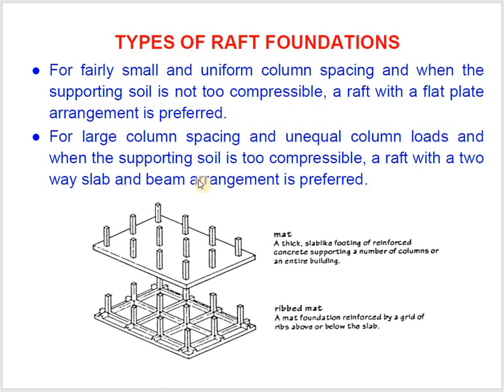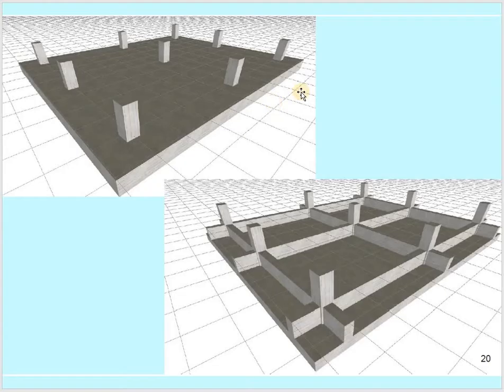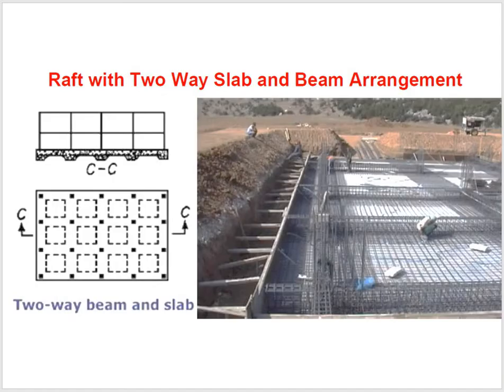So next is just a better view of this. You can see how these beams join the columns. You can see these are the ribs. So this is the ribbed mat foundation and this is the plain mat foundation. So this is the construction procedure, how the ribbed mat foundation is constructed.